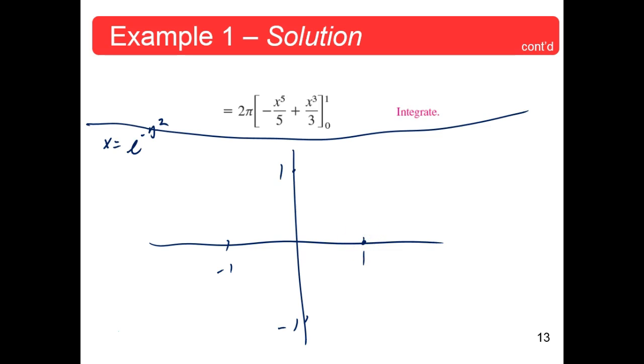Now y is going from 0 to 1, so let's do y is equal to 1. And what do you get? 1 squared is obviously 1. And how about e to the minus 1, which is 1 over e?